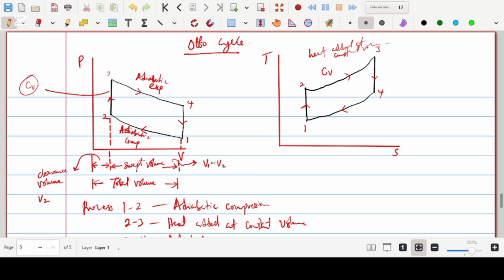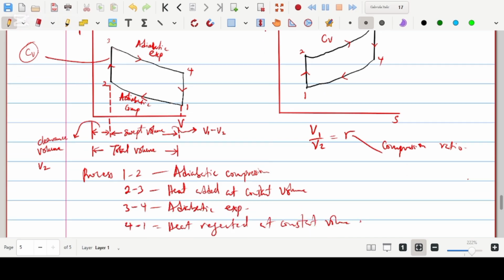The total volume is your V1. The ratio of V1 to V2, the total volume to the clearance volume, is what we call the compression ratio. It's as simple as that.